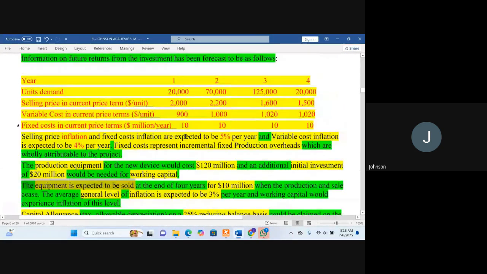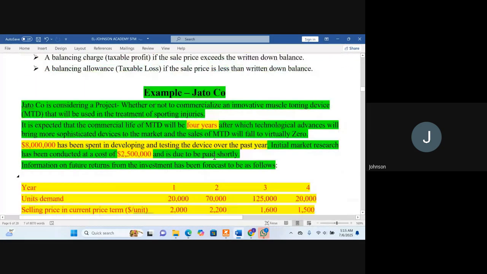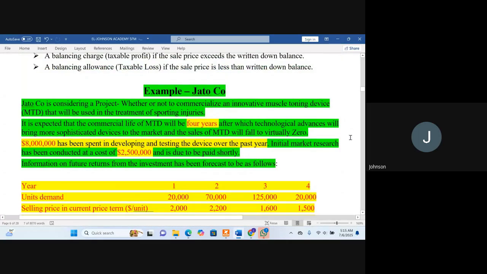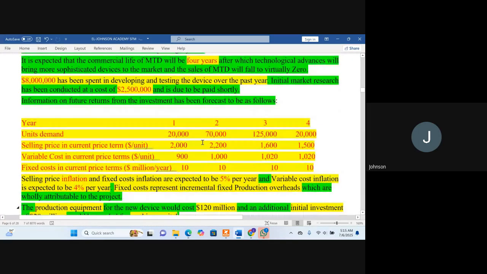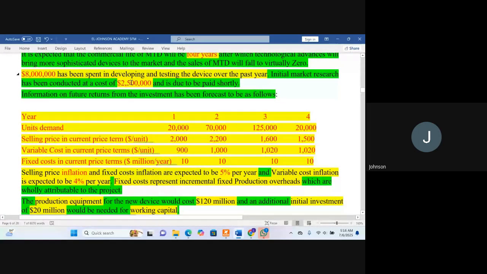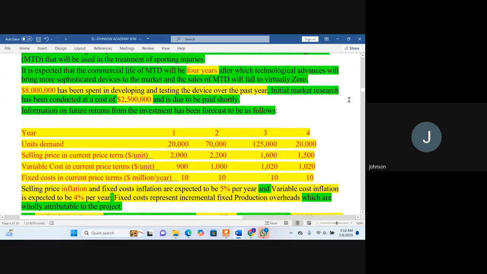you know the duration of the project is already 4 years in the question, and I told you that in the bracket just write NY, number of years. Then over here, 8 million, 2.5 million, just write in the bracket sunk cost, so that you don't need to use anything sunk cost for your answer.